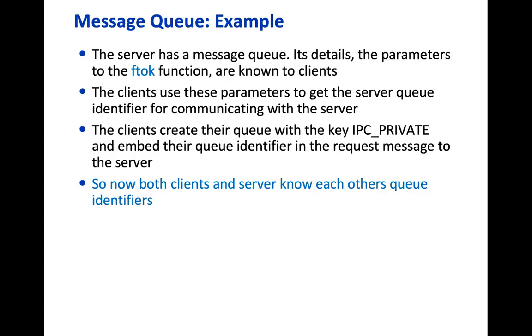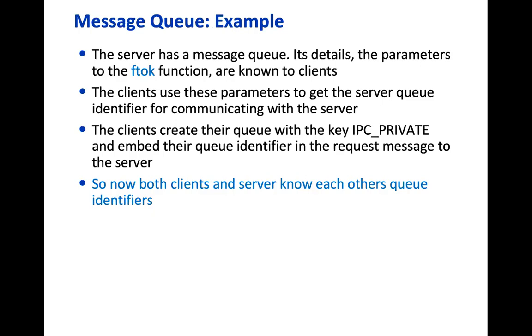Okay, it has to create a message queue, and it uses then the ftok function to create a key, and from the key it can create a message queue ID. So it means that now it's all known to even the client process, the parameters that go into the ftok function.